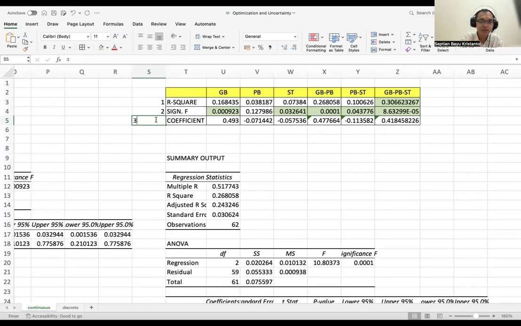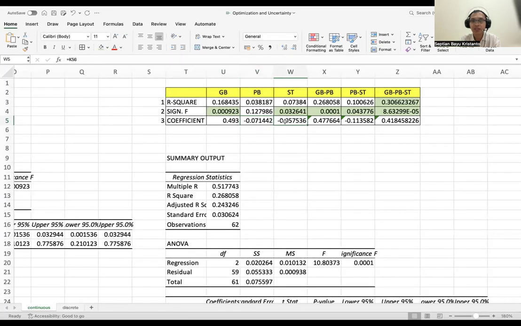The last one is about the coefficients. We need to find the best profits that we can make. If you only invest in government bonds, you only have a profit of 49%. If you invest only in private bonds, you have a negative profit.